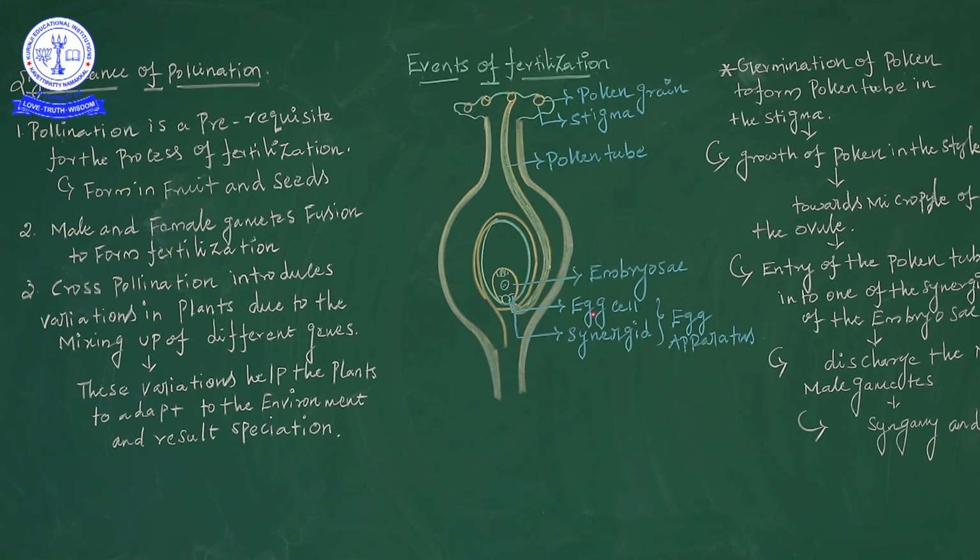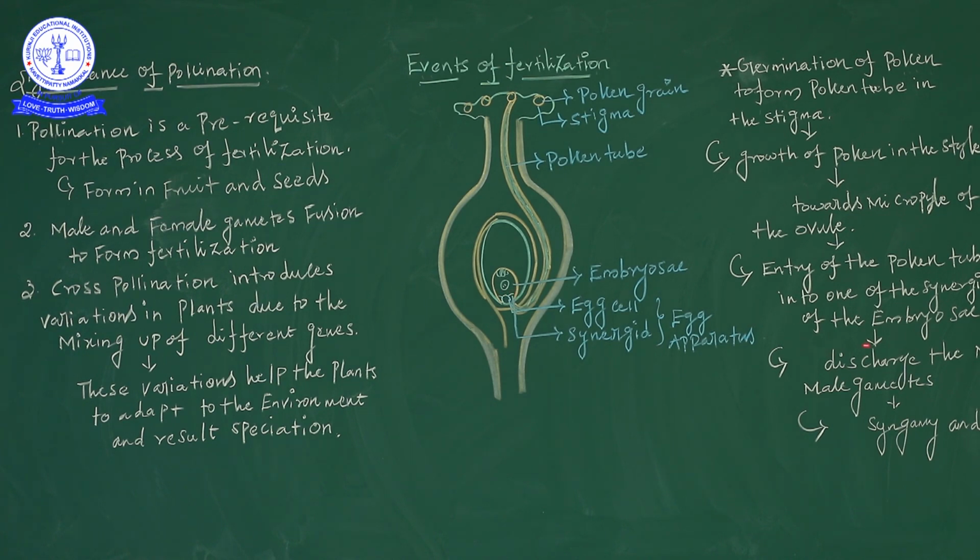Which one is a portal? The pollen tube enters through the micropyle region. Okay, and then entry of the pollen tube into the synergid of the embryo sac. The large one is called the egg cell, and side by side the synergids are present.